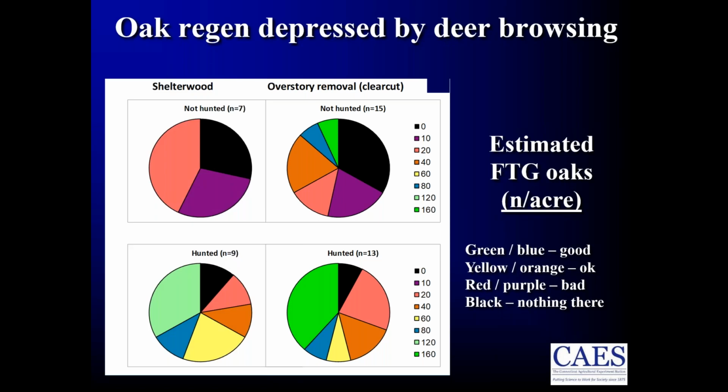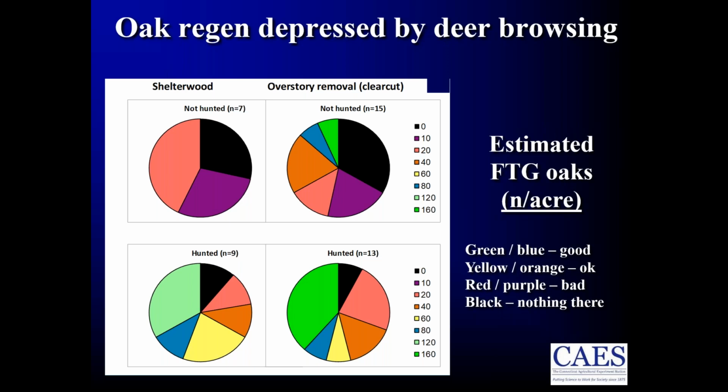If we look in the shelterwood when we're doing the prep cut, in shelterwoods that were not hunted, we had no stands that had at least 60 competitive oaks per acre. In fact, the best that we had is some stands had 20 oaks per acre.